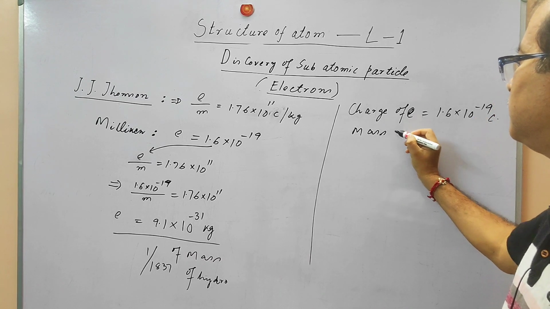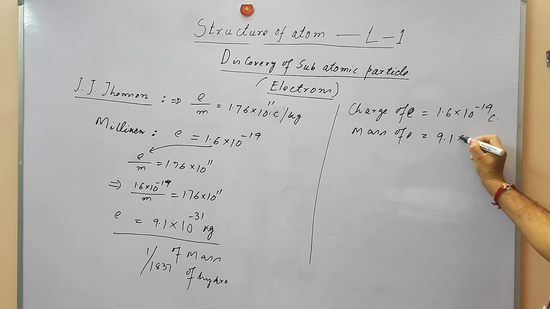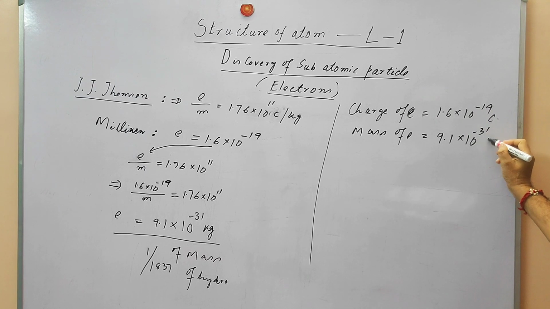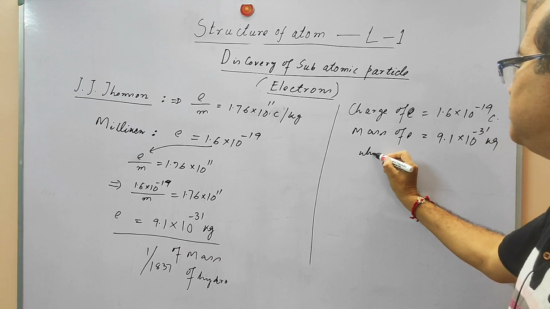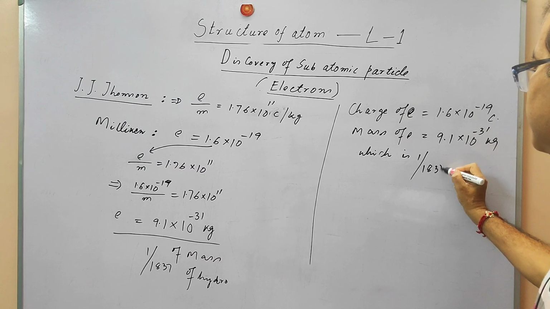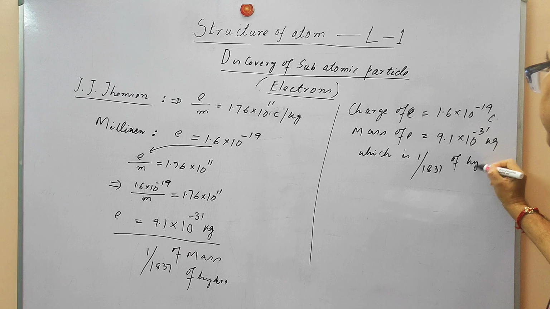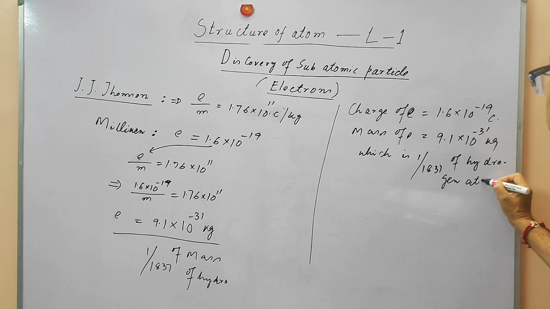The mass of the electron is 9.1 into 10 to the power minus 31 kilo, which we can write as 1 by 1837 of the hydrogen atom mass. Okay. So we can understand the discovery of the electron.